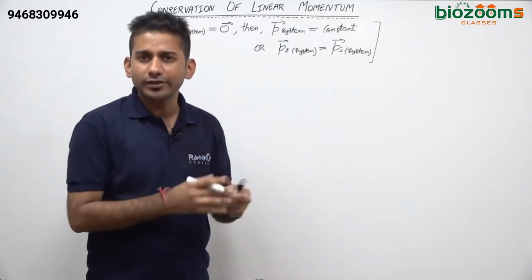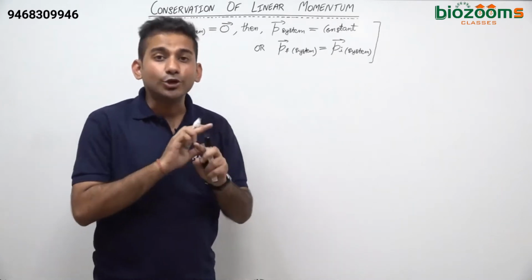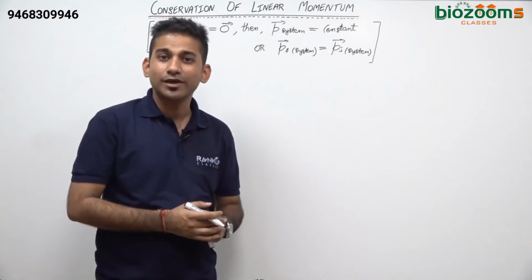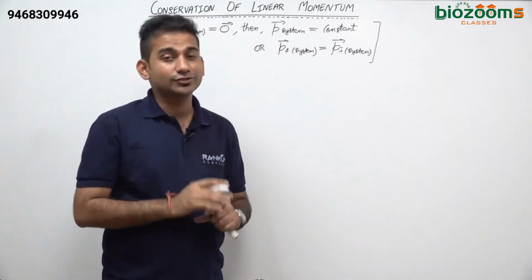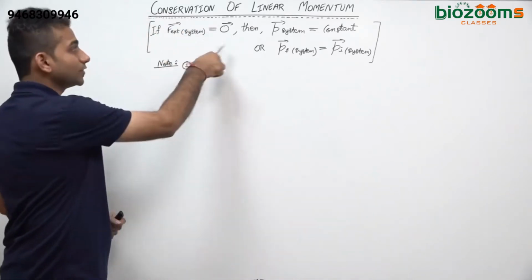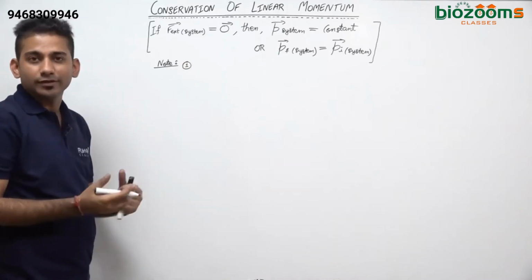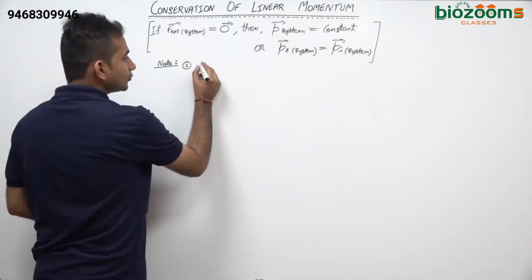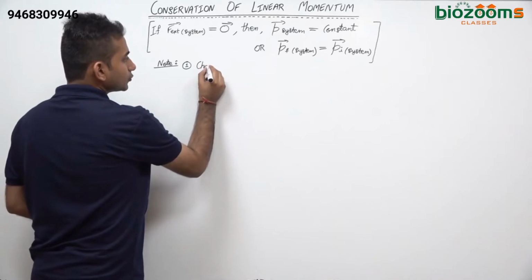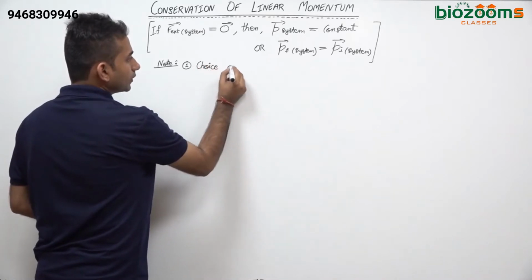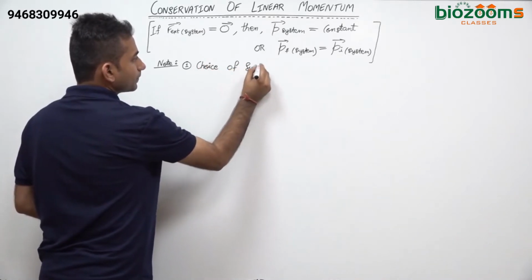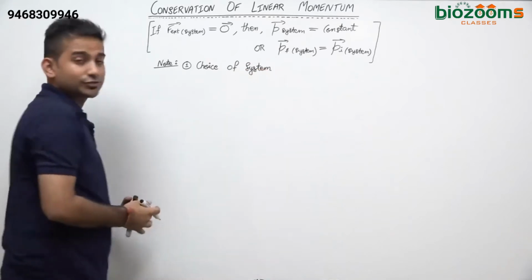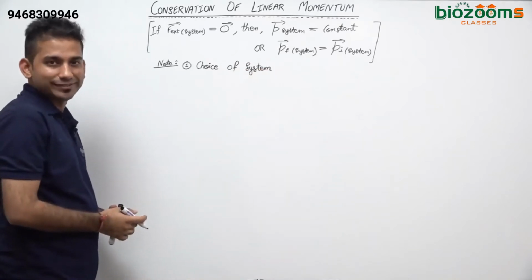All the forces will become internal so that there will be no external force acting on the system. And only in such a case, when there is no external force acting on the system, can the linear momentum of the system be conserved. Which means the first thing you should make note of is choice of system. The system should be chosen wisely, right?